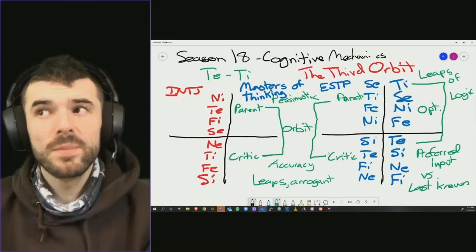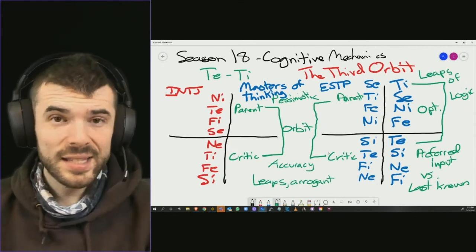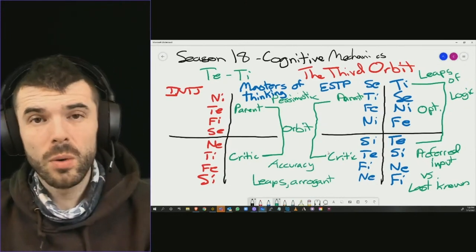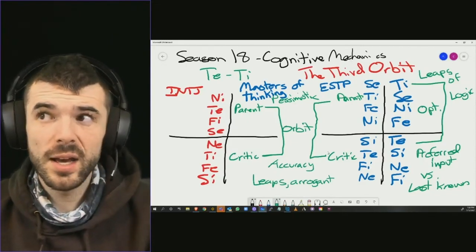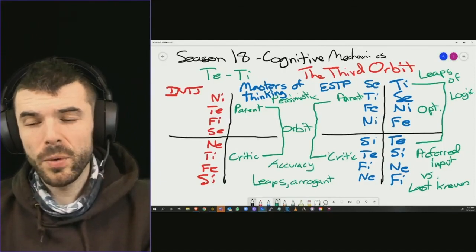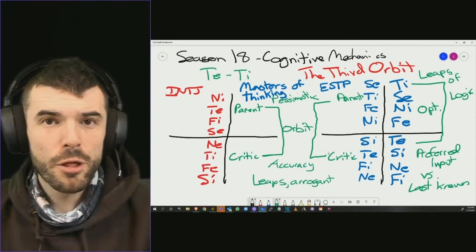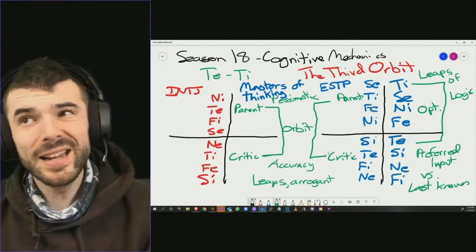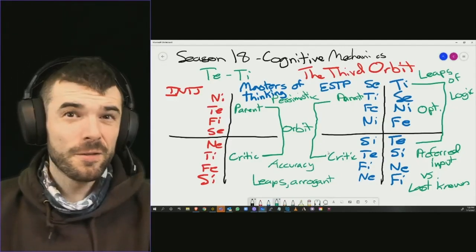This is why ETPs and ITJs are what I call the four masters of thinking: ISTJ, INTJ, ESTP, ENTP. Those people literally have the monopoly on thinking. But then if you look at an ENFP, they have monopoly on feeling.